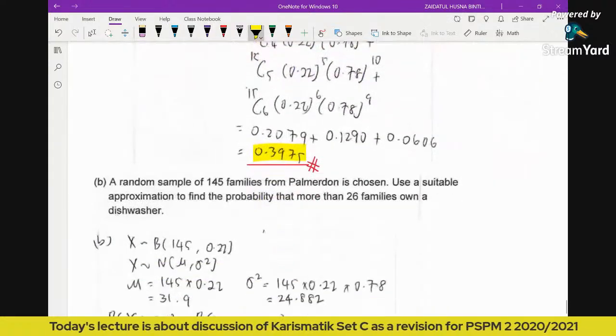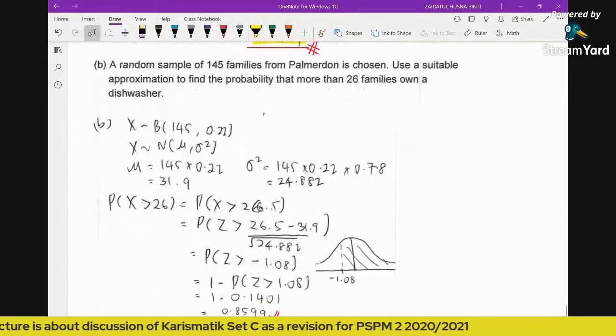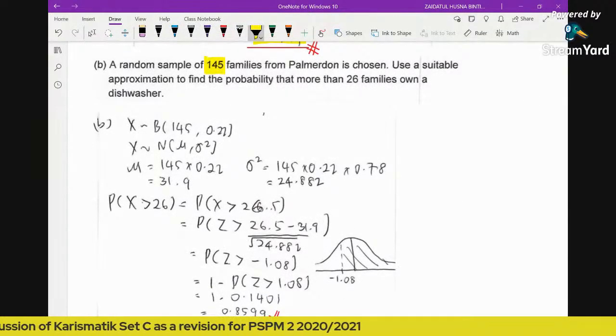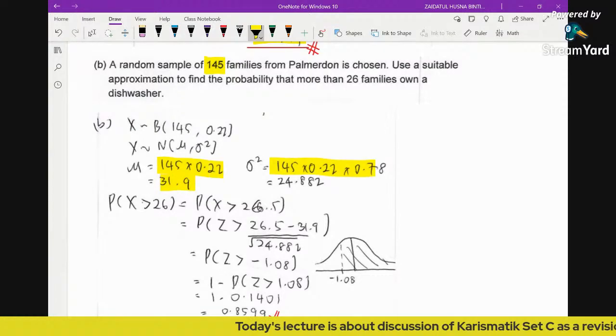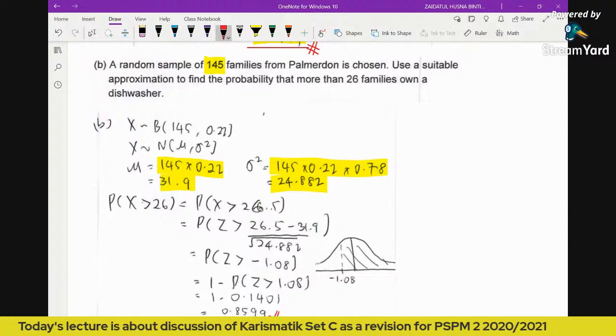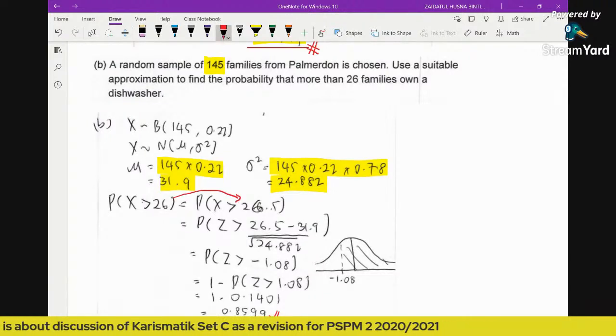And then a random sample of 145. Now n gets bigger, so you need to do normal approximation in this case. You obtain the mean from np, and then the variance npq, and then first you need to do continuity correction. Again, you don't have to memorize the formula, you just need to draw this box.